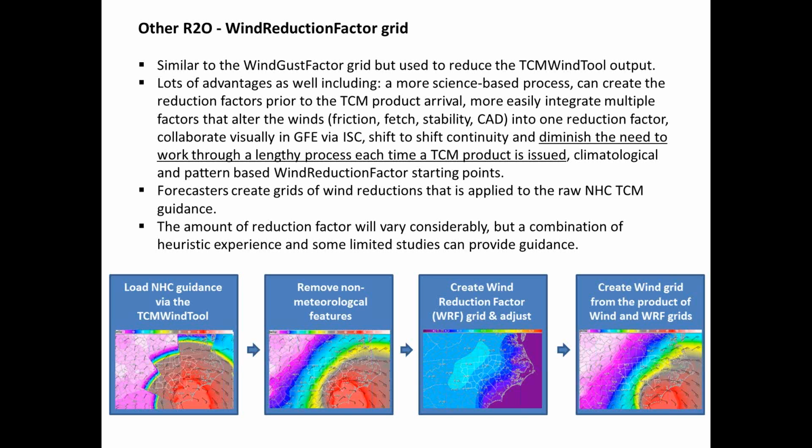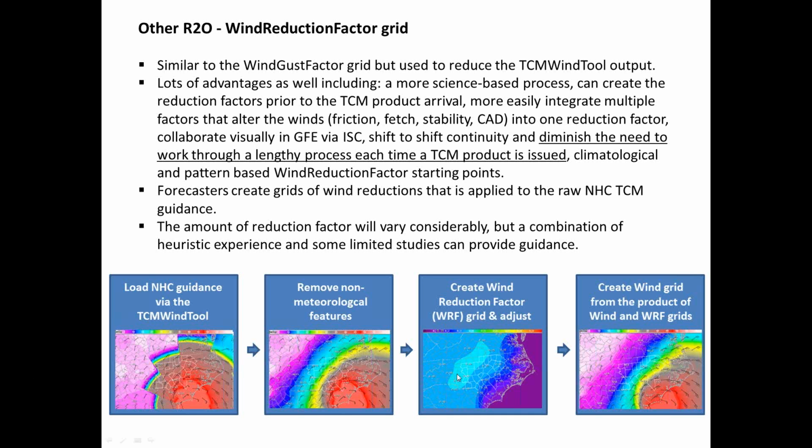I won't go into a lot of detail here because that wasn't the focus of this presentation, but essentially, looking at the cartoon at the bottom, the forecaster would load the raw NHC guidance via the TCM wind tool, but they would use no reduction factor in the tool itself, so they would use a slider and set that to 0. Then from those raw grids, they would remove non-meteorological features and do some broad smoothing.